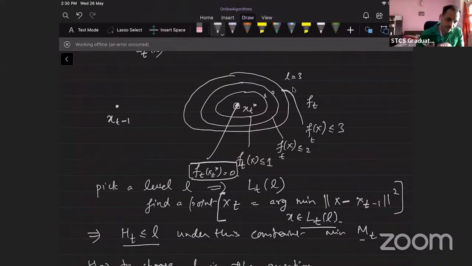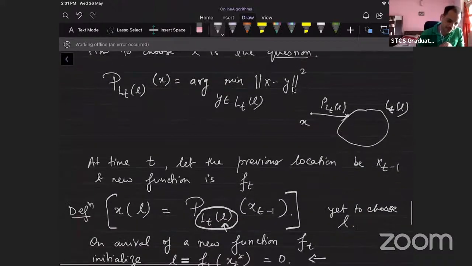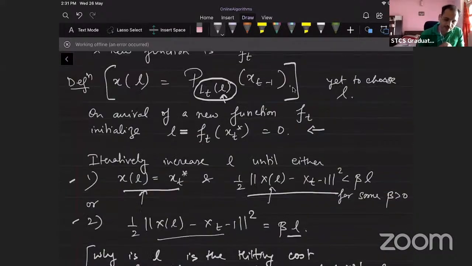That is where I'm beginning. I am not giving you any slack, so x_{t-1} will directly get projected to x_t* only. That's the only convex point. I will be happy if, by doing this, my movement cost is not too large compared to L. That cannot be satisfied for L equal to 0 unless both these points are the same.